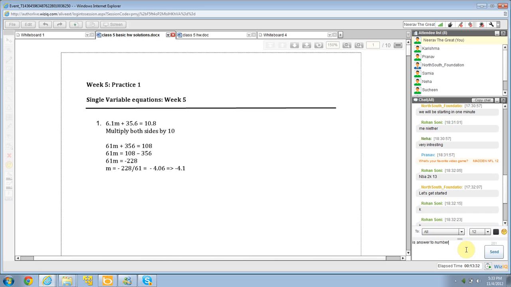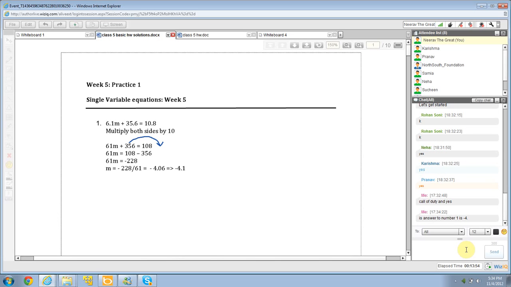The first thing you have to do is multiply both sides by 10, so that it's easier to work with and you're not working with decimals. You get 61m plus 356 equals 108. Then you take the 356 to this side, and you get 61m equals negative 228, and then you divide by 61.